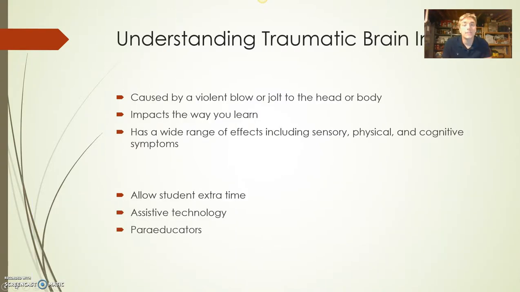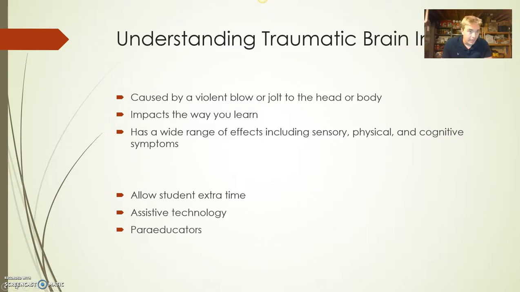And then next, there's traumatic brain injuries. These can be caused by a violent blow to the head and impact the way you learn, and just as with autism, there's a wide range of effects that can be sensory, physical, and cognitive symptoms.